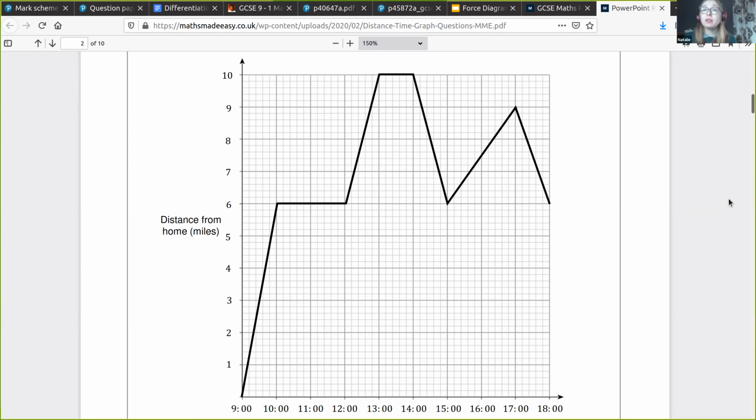When I have something that is moving with a positive gradient, a positive straight line, just like the sections over here and here, these are when my object or my person is moving at a constant velocity. And that velocity would be positive in the positive direction.